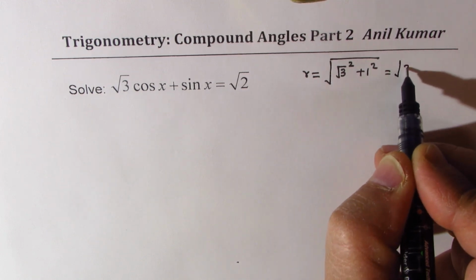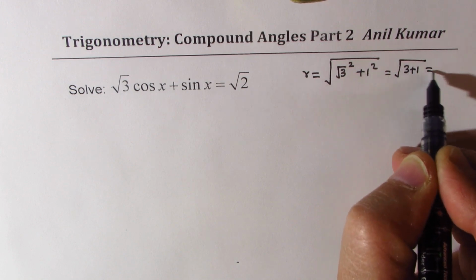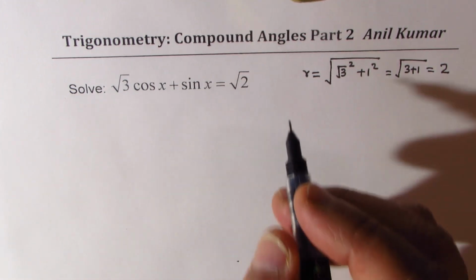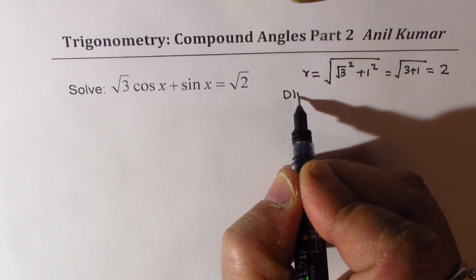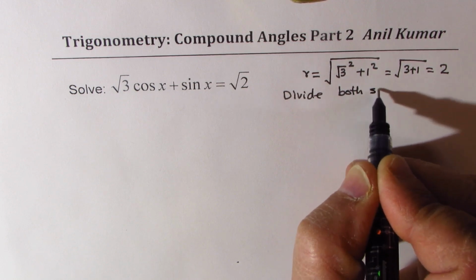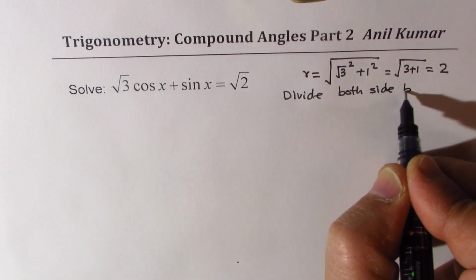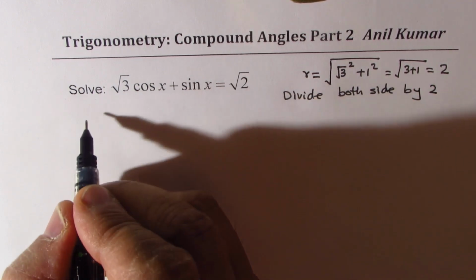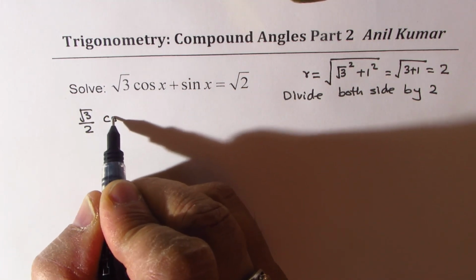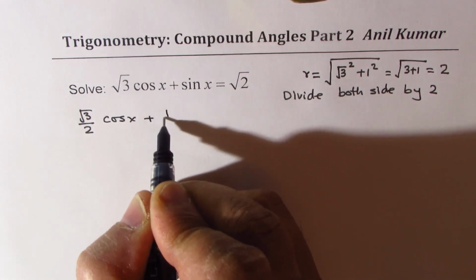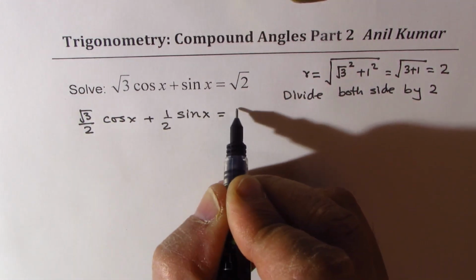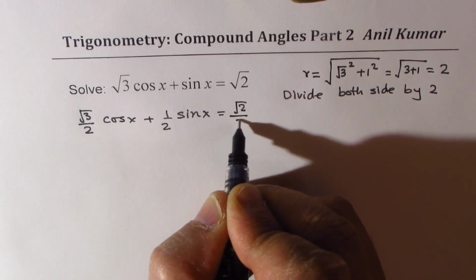That is the square root of 3 plus 1, which is 2. So we are going to divide both sides by 2. In that case, we get square root 3 over 2 cos x plus 1 over 2 sin x equals square root 2 over 2, right?